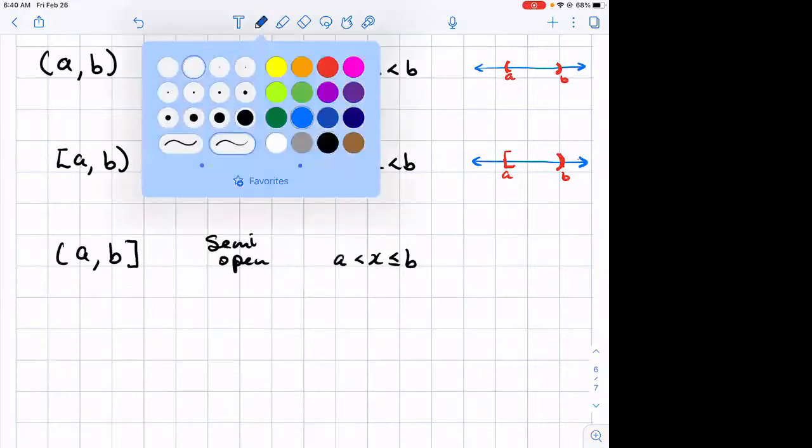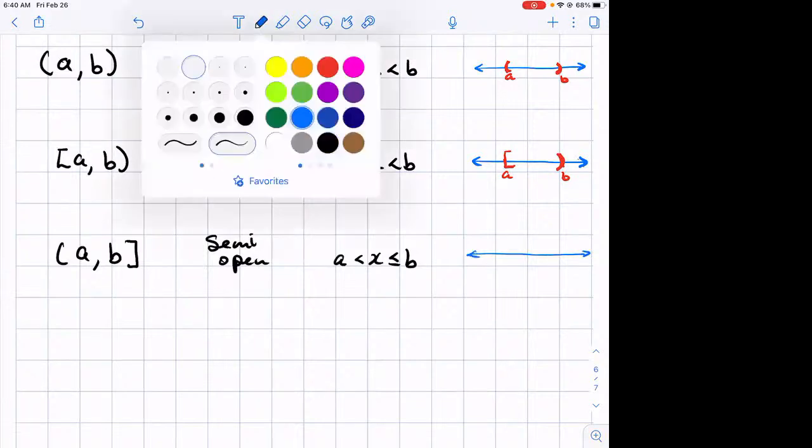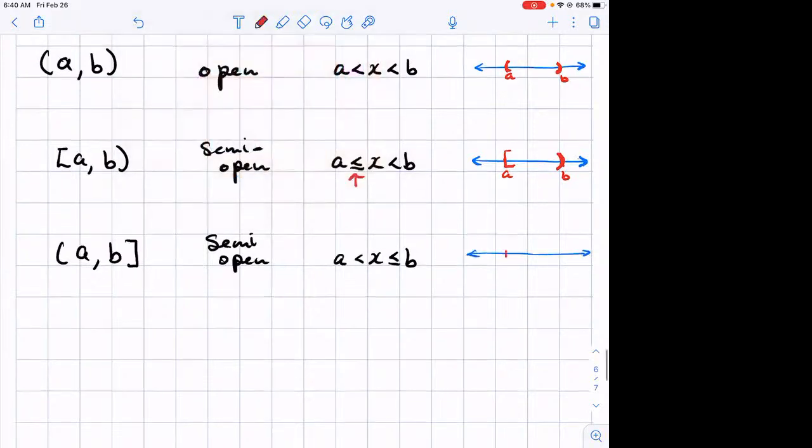So if we look at it graphically, we have a, b, now the a will get the parenthesis because it does not include, and b will have the bracket.